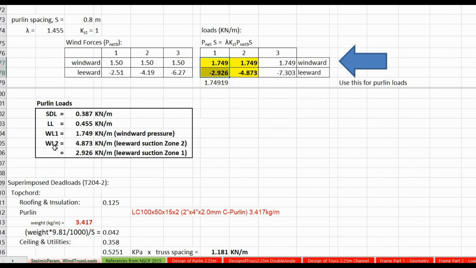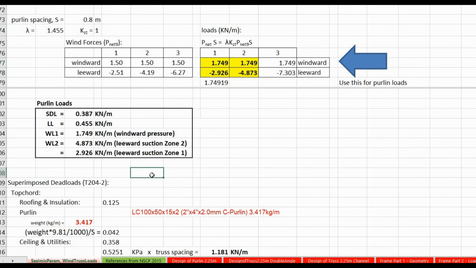Ngayon, mapapansin nyo, yung WL1, pressure 1.749, that is applied over the entire surface. Para sa leeward naman, meron tayong zone 1 tsaka zone 2. So, mapansin nyo na yung zone 1, 2.926. Yung zone 2 naman, yung critical region, 4.879. Ito yung mga nasa gilid-gilid. So, ayan, mas malaki siya talaga.